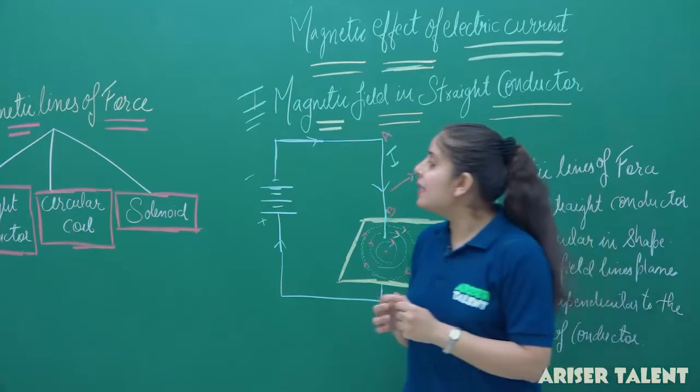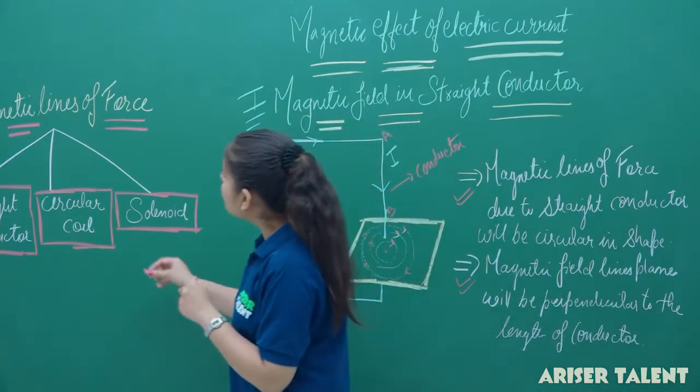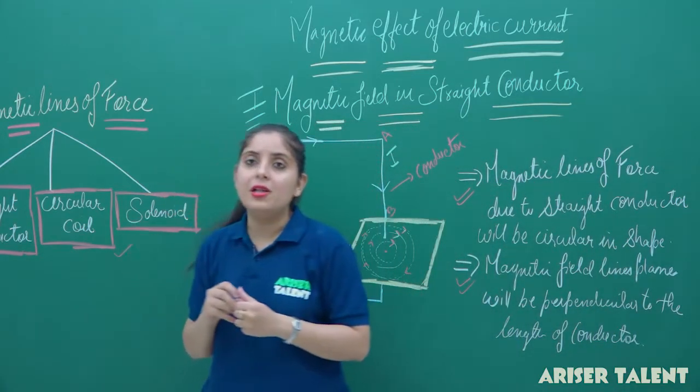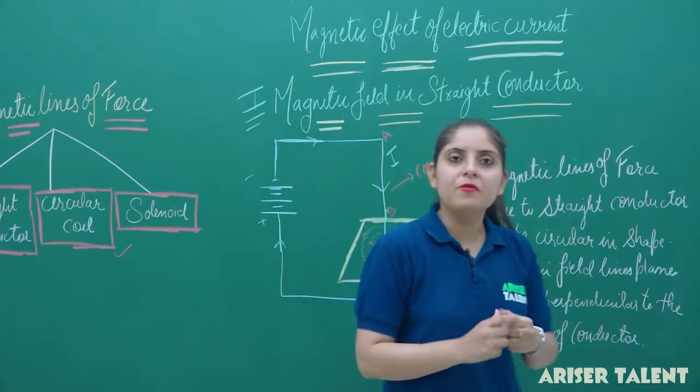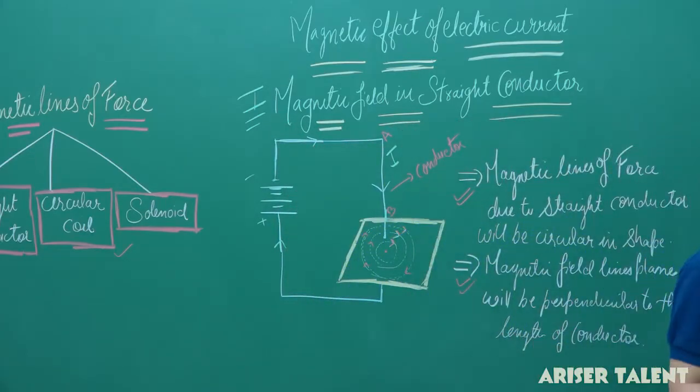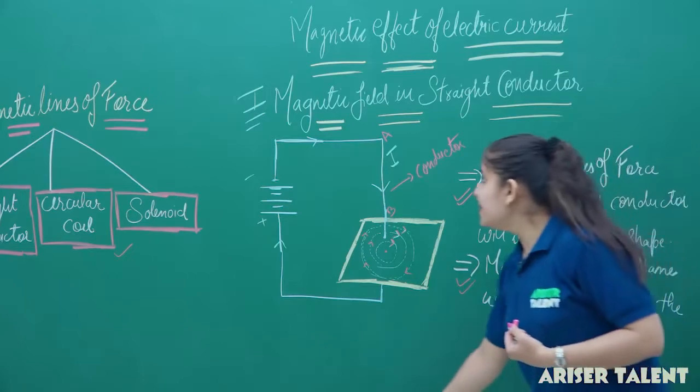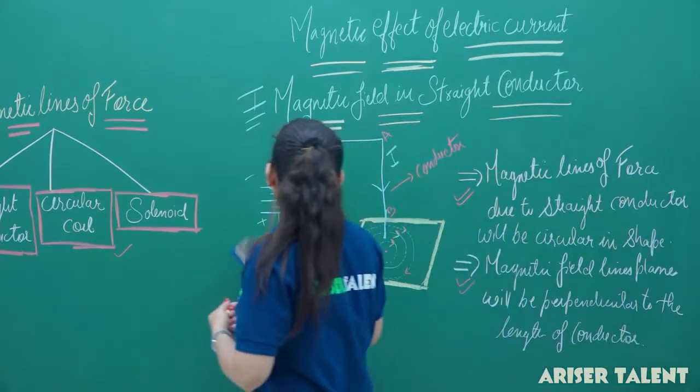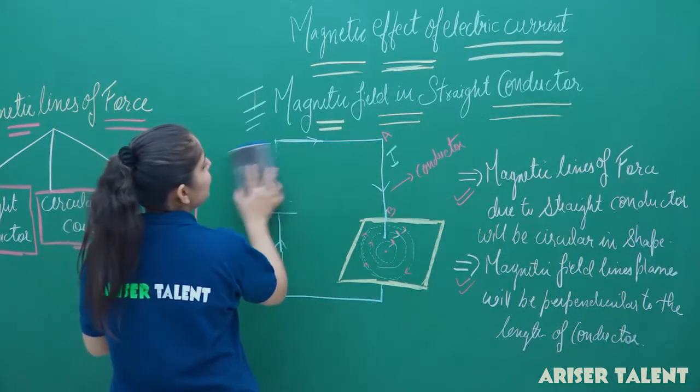Now, let us see what the magnetic lines of force will be in the case of the circular coil. So first, just copy it from here. Now, let's see the magnetic field lines in the second case, that is our circular coil.